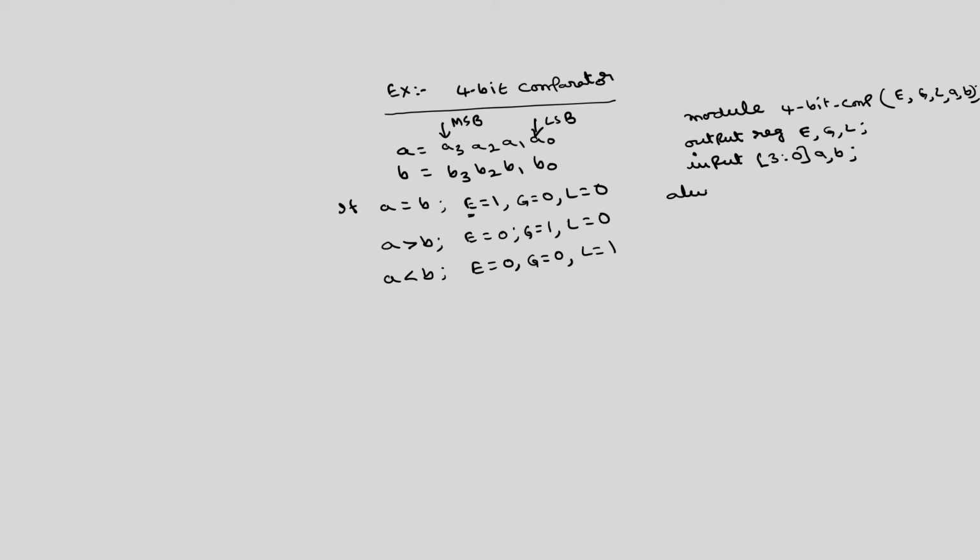Then always at A, comma, B, if A or B changes. So, A stands for any of the bits A3, A2, A1, A0 changing. Similarly, B means any of the bits B3, B2, B1, B0 changes.